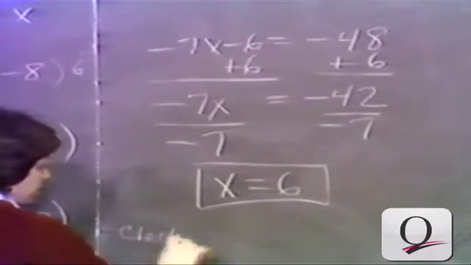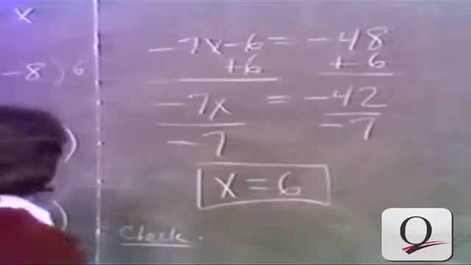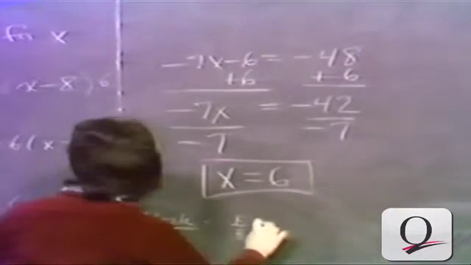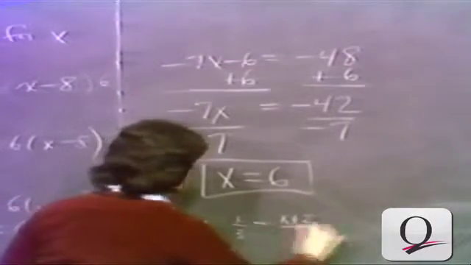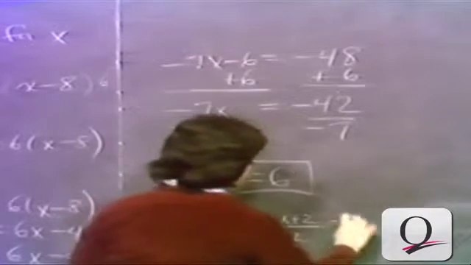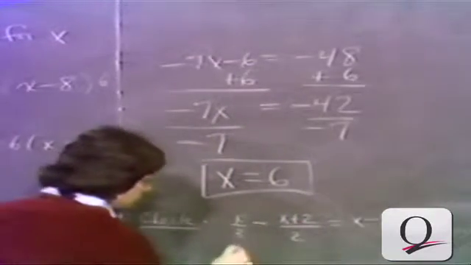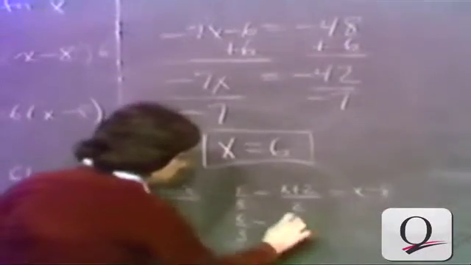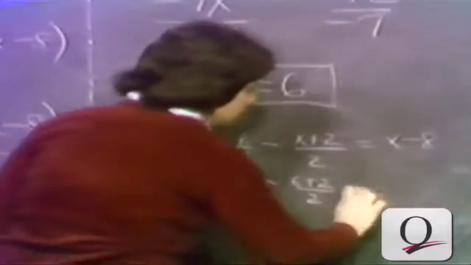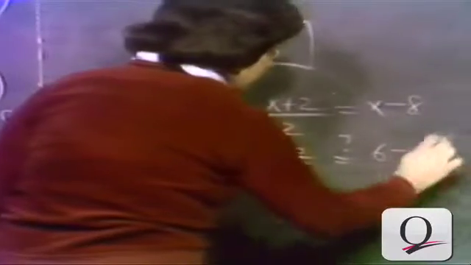And we can check in the equation x over 3 minus x plus 2 over 2 equals x minus 8. Letting x equal 6. 6 over 3 minus 6 plus 2 over 2 should be equal to 6 minus 8.